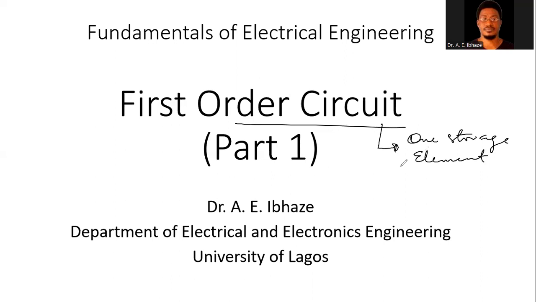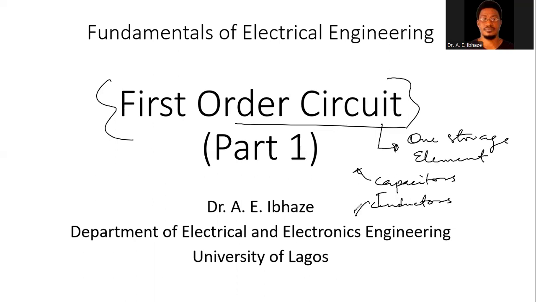In our previous lecture, we considered storage elements, part 1 and part 2 of the lecture series, where we talked about capacitors and inductors separately. Now, how do we evaluate the response of a circuit containing either a capacitor or an inductor?